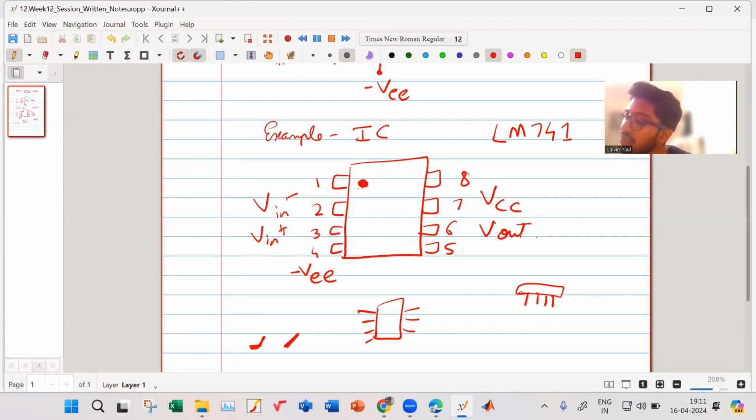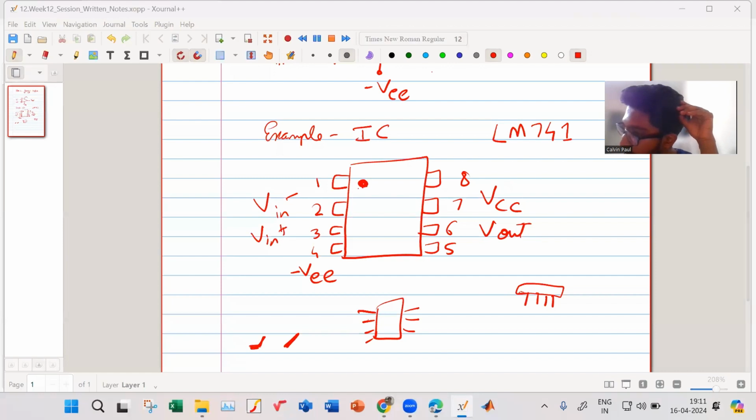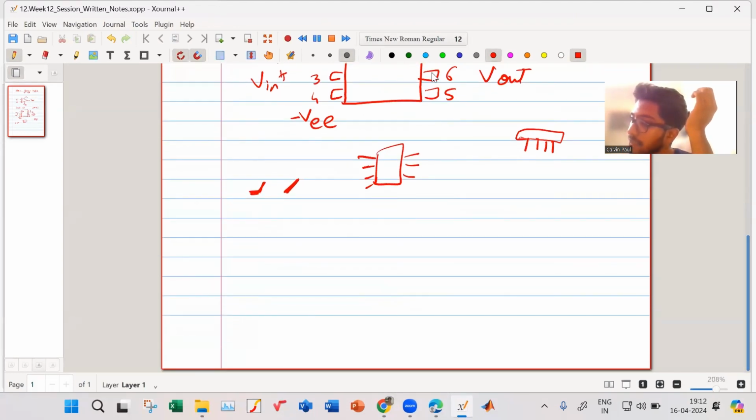Why do we need this VCC and VEE, and how much value do we give for them? What is the voltage range? Those are working voltages, which vary from plus 12 to plus 50 in the case of VCC. Now let me consider an example circuit.